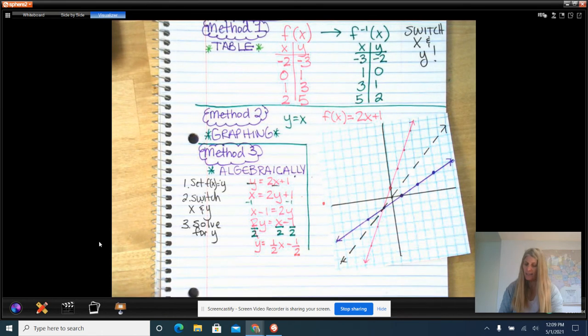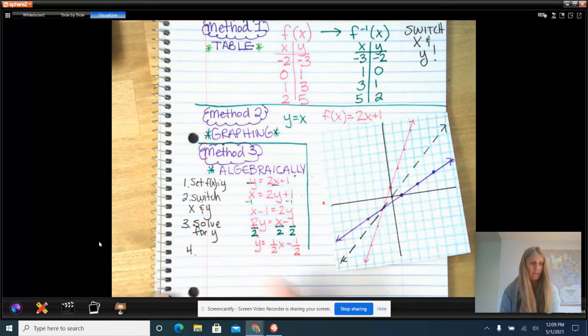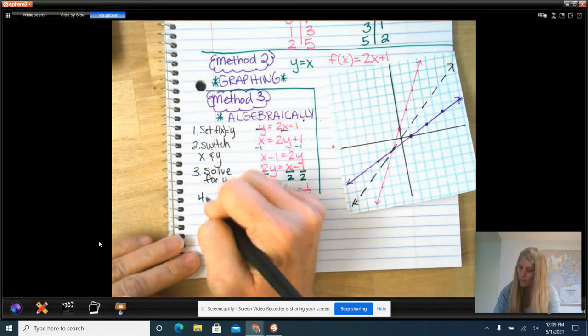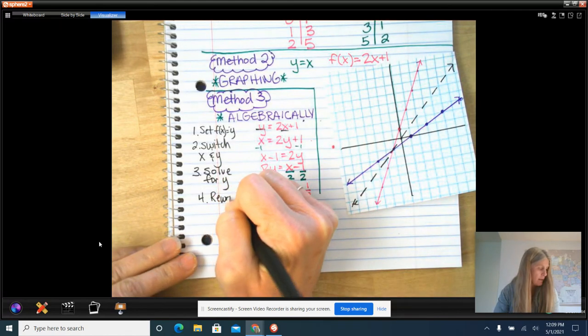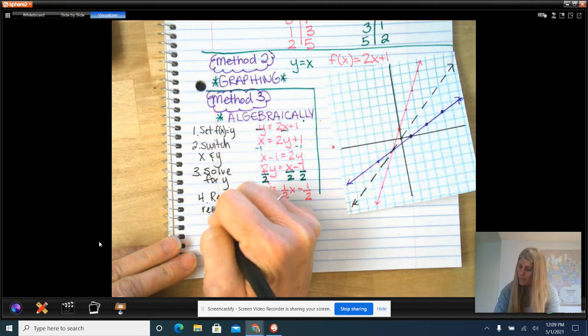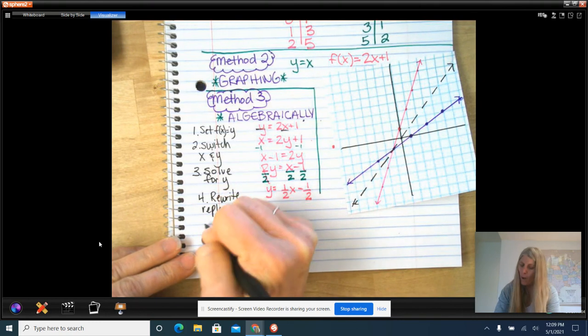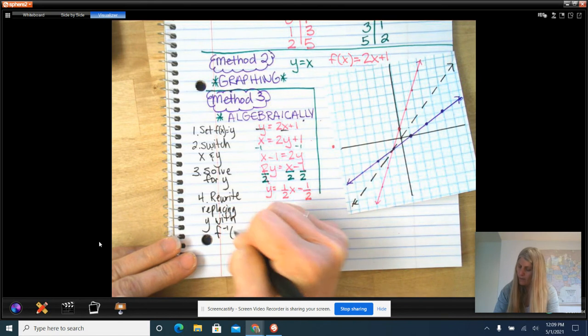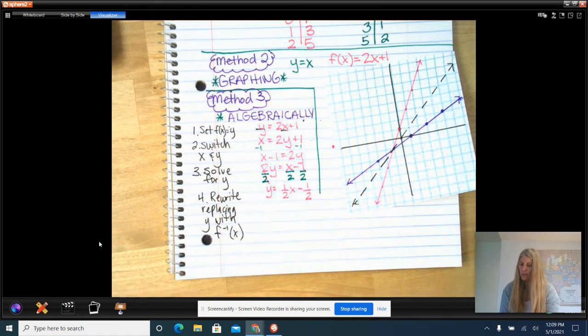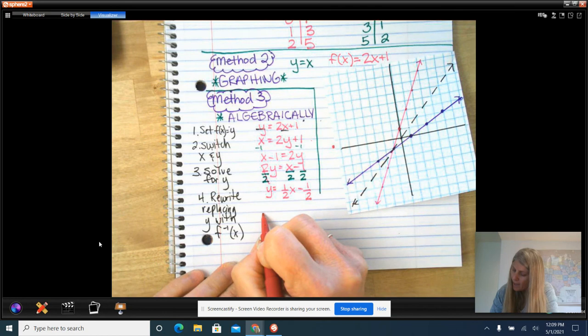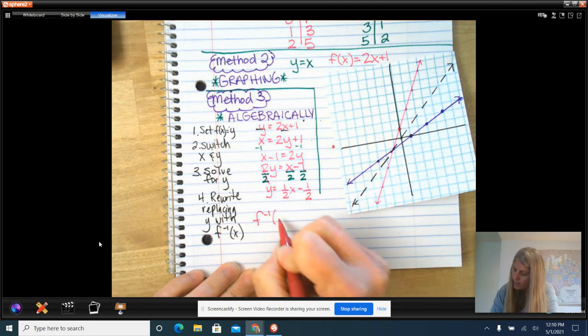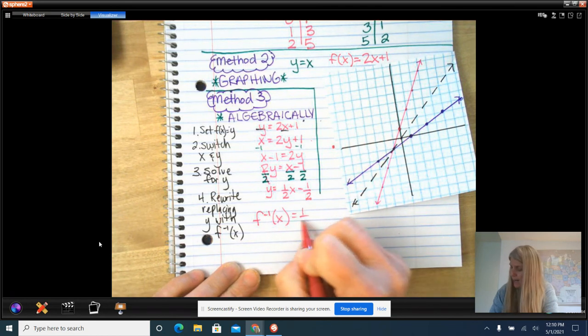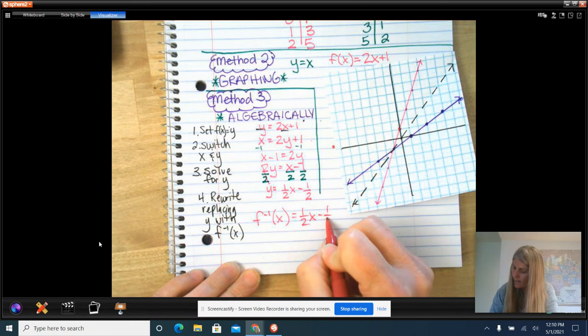And then finally, the last step, number 4, is you are going to rewrite, replacing y with f negative 1 of x. So we're going to finish up here with f negative 1 of x is equal to 1/2 x minus 1/2.